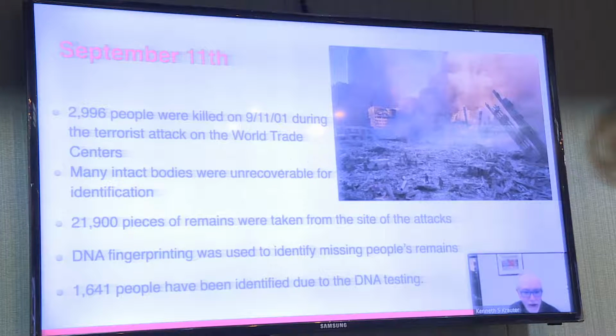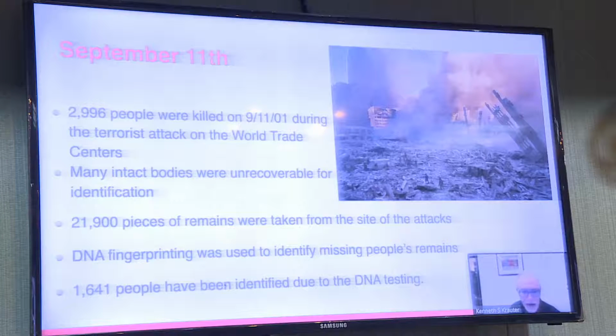And yet their loved ones, the family members, wanted to be sure that the person actually died at the World Trade Center. So the government took on the task of filtering through all of this rubble and looking for pieces of humans. They subjected them to DNA fingerprinting, and then used it to match against the family members of the people who said their loved ones were missing, to identify a little more than half of the people who were killed in the World Trade Center.